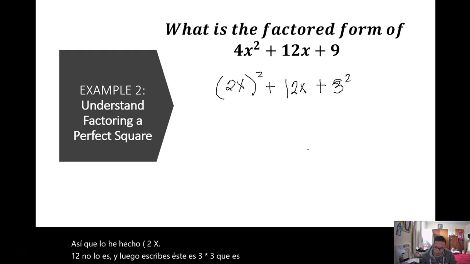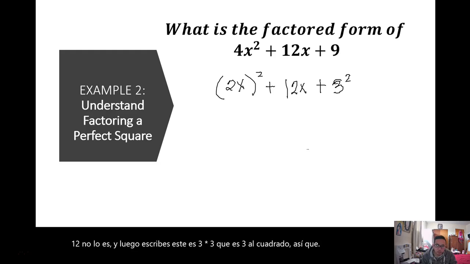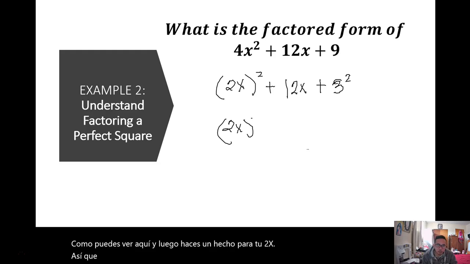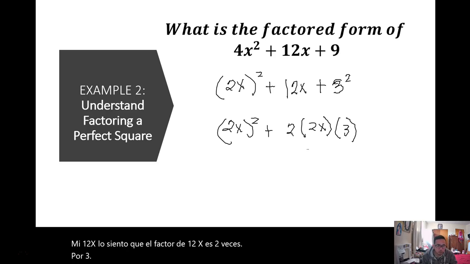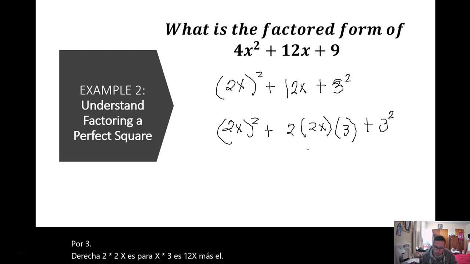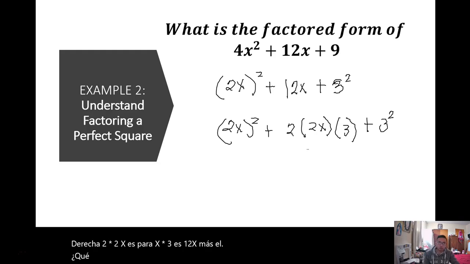The factor of 12x is 2 times 2x times 3. 2 times 2x is 4x times 3 is 12x, plus 3 squared.